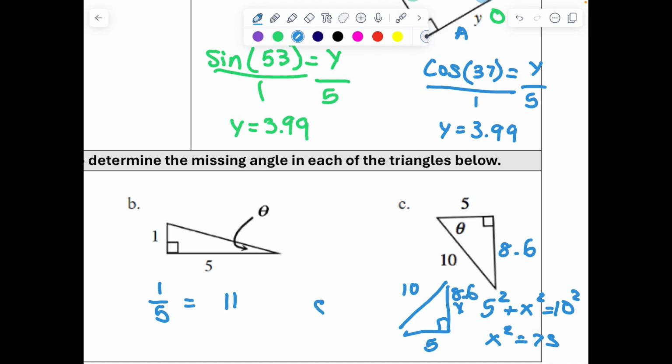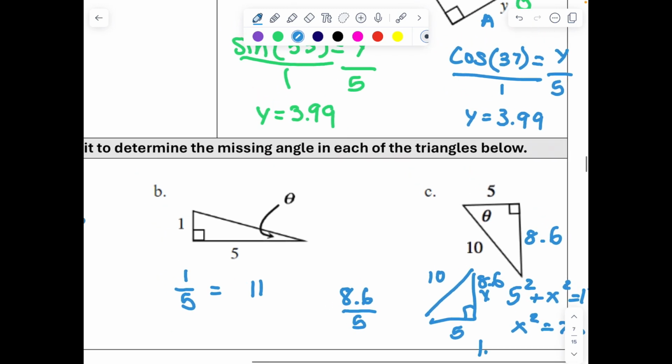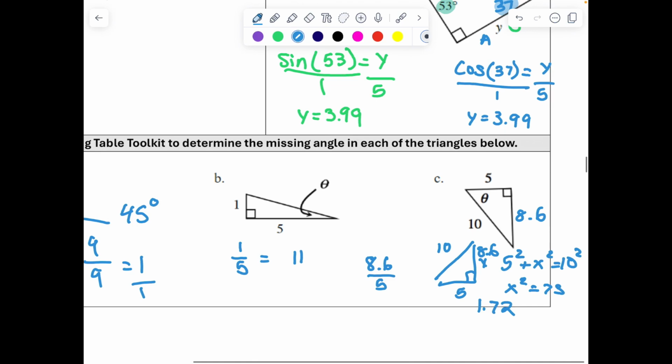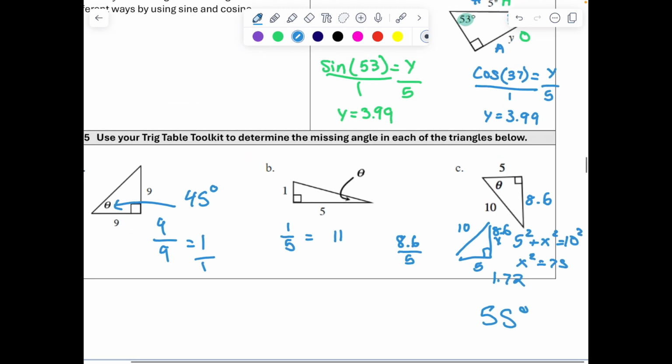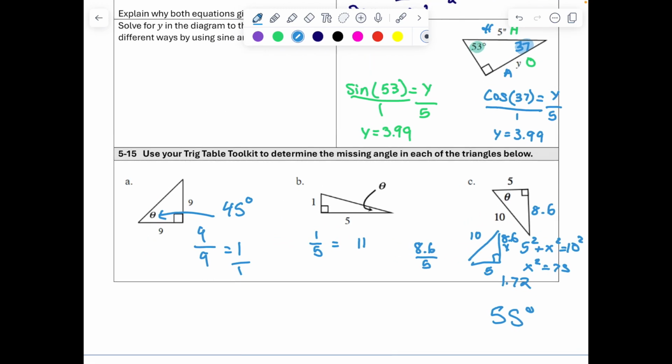So change in y over change in x, 8.6 divided by 5. That's 1.72. And I'm going to have to look at our toolkit to remember what we got that was close to 1.72. I think the closest we have is about a 55-degree angle. So that is about what that would be, 55 degrees.